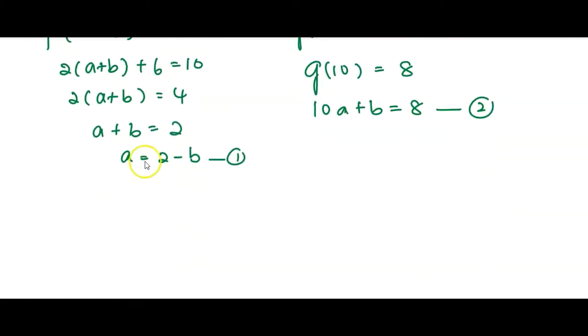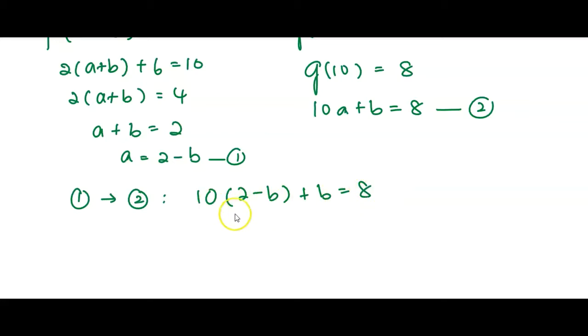To solve equations 1 and 2 to obtain a and b, I will substitute equation 1 into equation 2, which means that in equation 2, the a will be replaced by 2 minus b. So now it will be 10 times 2 minus b plus b equals 8.